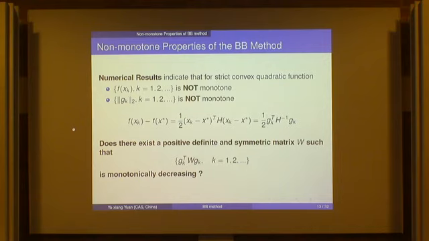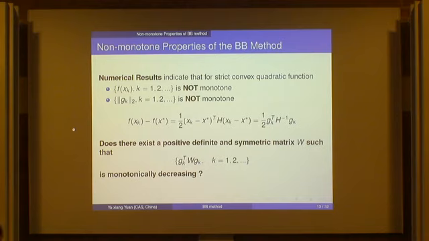So no matter the function value or the gradient value, we can always think of it as a W norm of g. If we look at the gradient norm, W is equal to I, and of course for the function value, W is equal to the inverse of the second order derivative of the objective function.